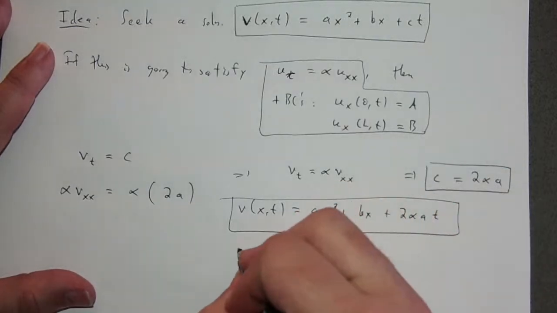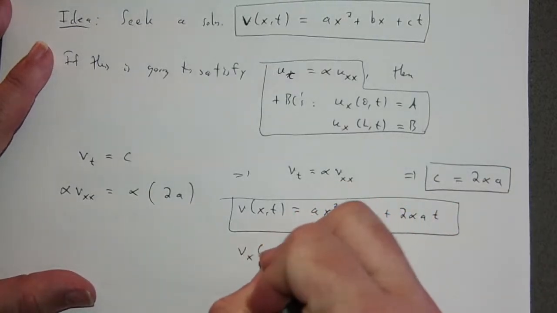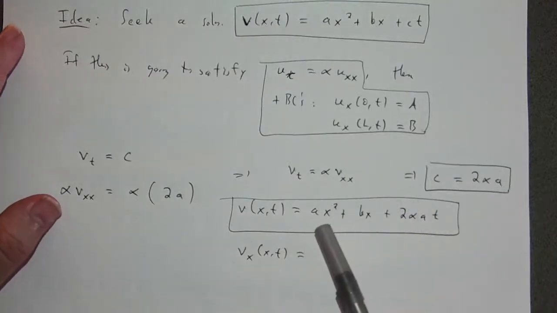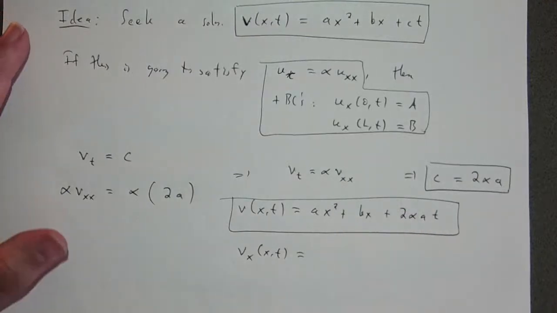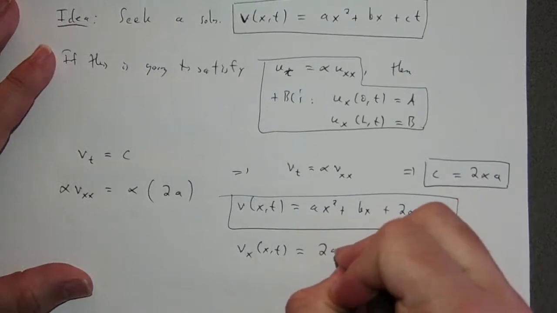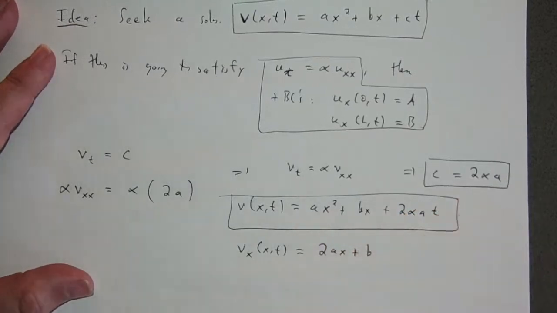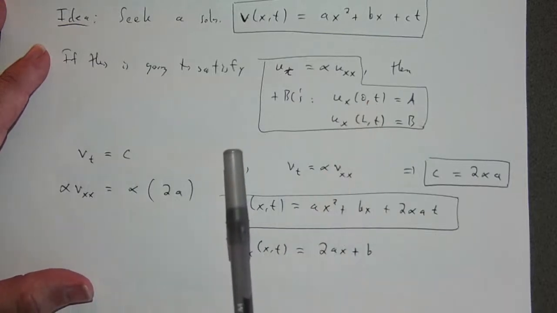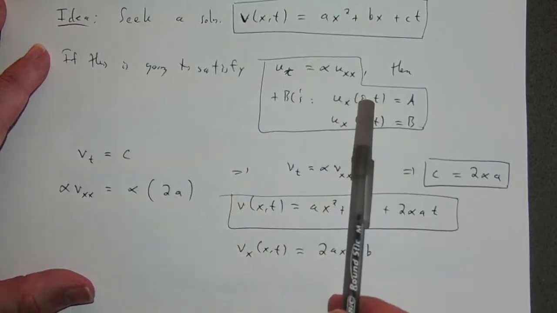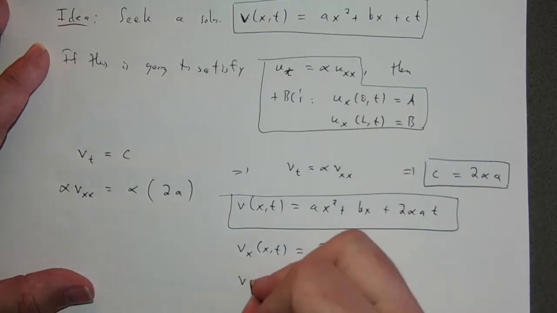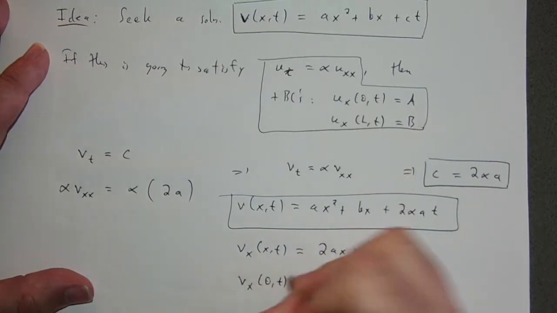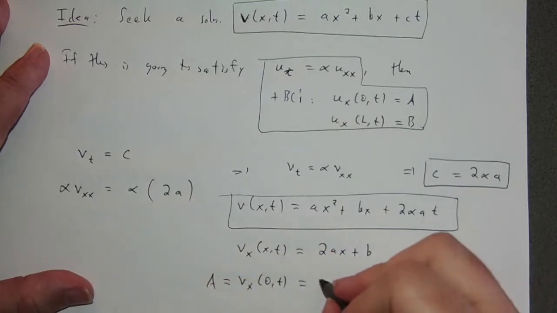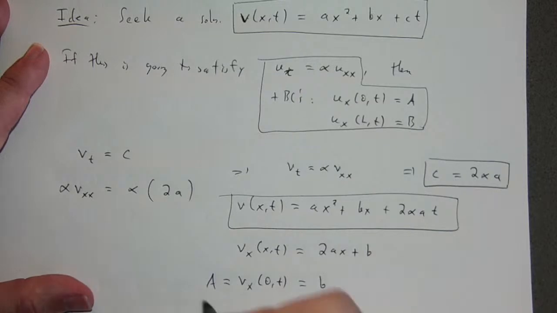So this thing solves the PDE, and now it's time to impose these boundary conditions. So here v sub x of x,t is what? This is going to be 2ax plus b. And so we have to impose the boundary condition at x equals 0, which is A. So v sub x(0,t) needs to be A, but here that is little b.